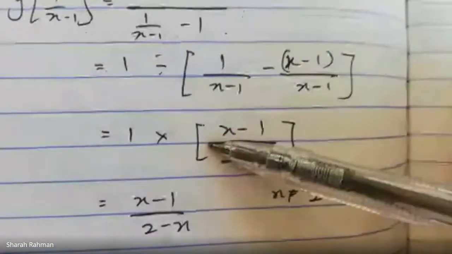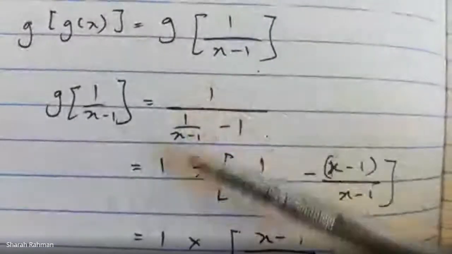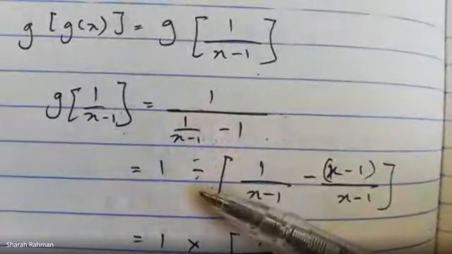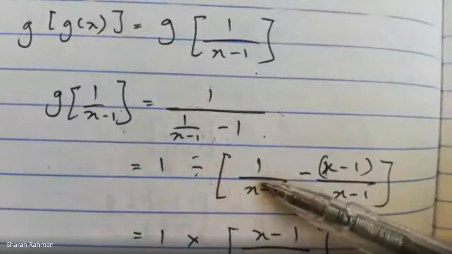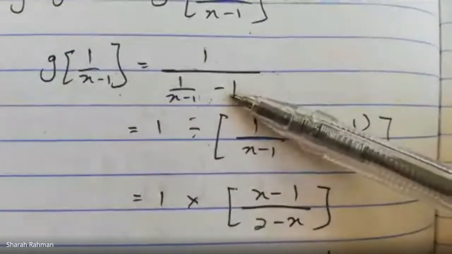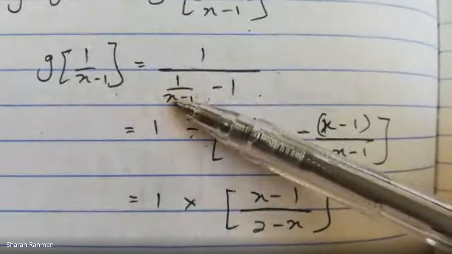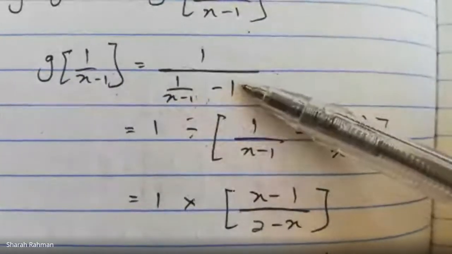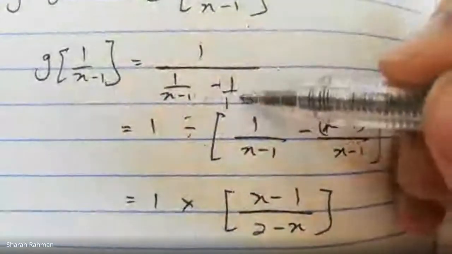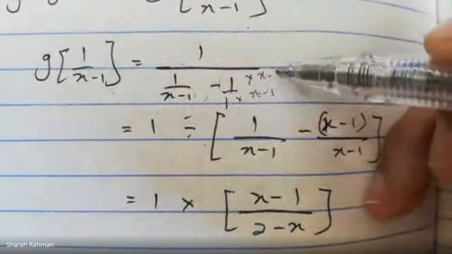So we have 1 divided by 1 over x minus 1 minus 1. This one we have the fraction over x minus 1, so we multiply this 1 over 1 by x minus 1, and this also by x minus 1.